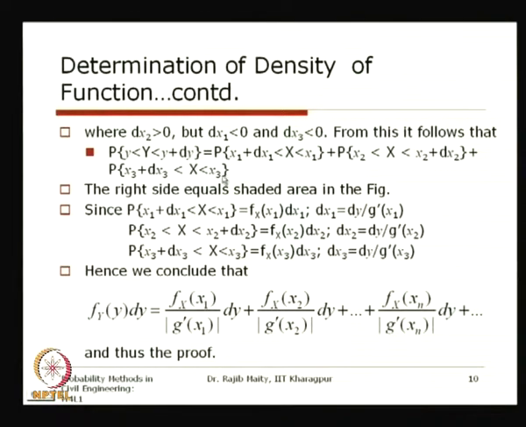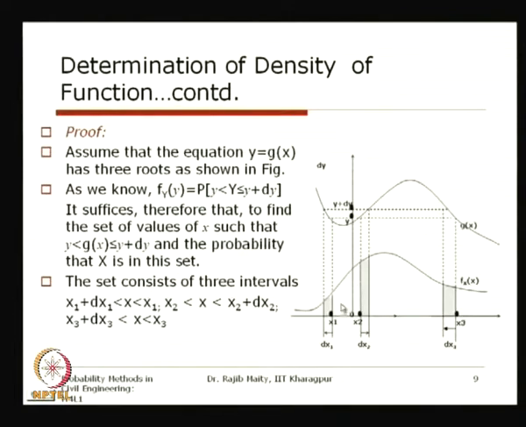Now you can extend it if there are n roots. So n different sets will be there that you have to add up. Now the right side of this is equal to the shaded area in the figure that we just showed, the shaded area of the probability.